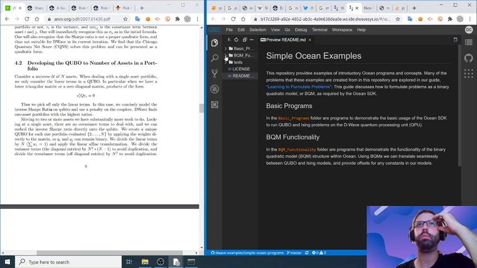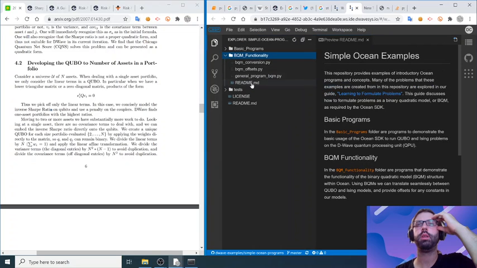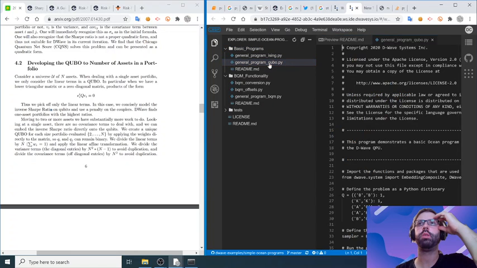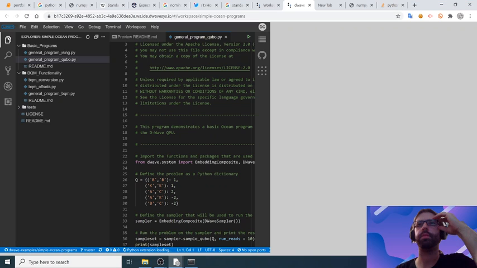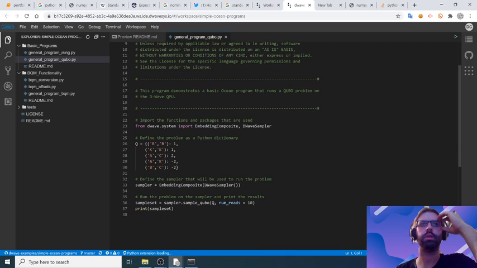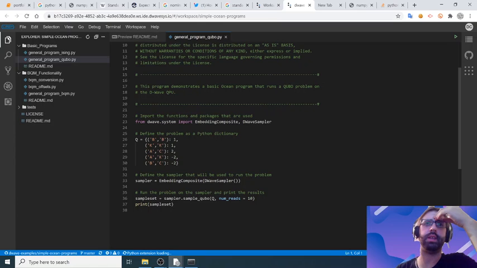So BQM conversion offset general program BQM basic programs QUBO. So here, or just give it like this.